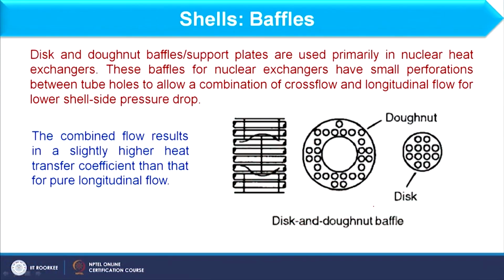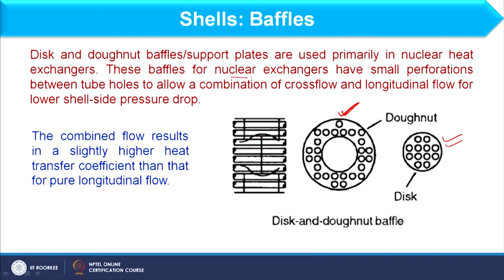And further we have another type of baffle which we call the disc and donut baffle. So, you can consider this is the disc and this is the donut, okay. So, we can place this accordingly and we can obtain the desired pressure drop and heat transfer coefficient, okay.